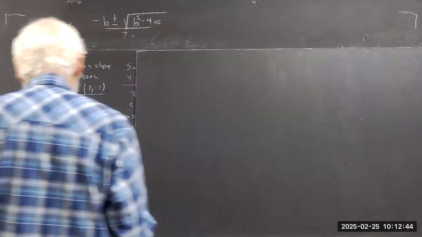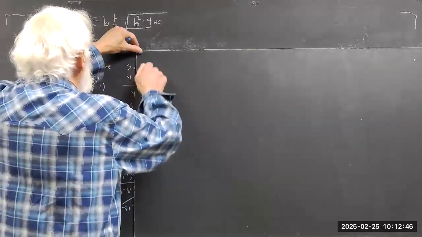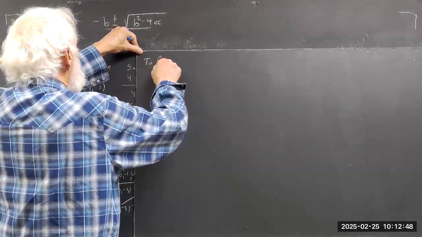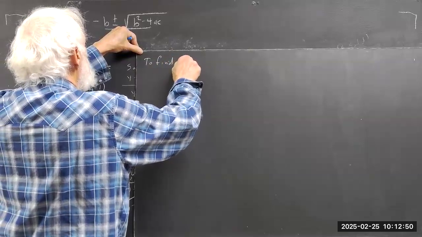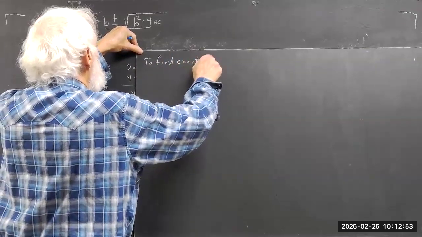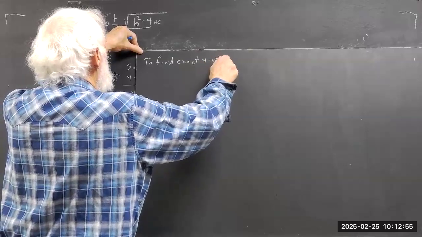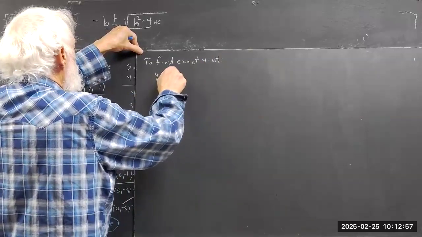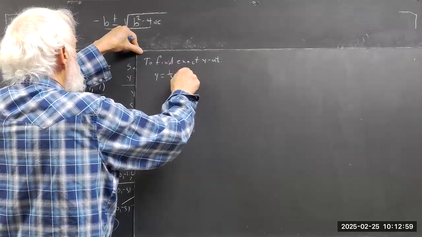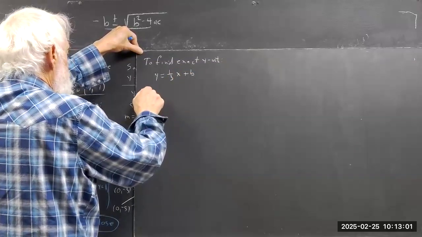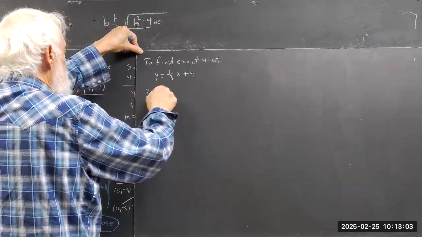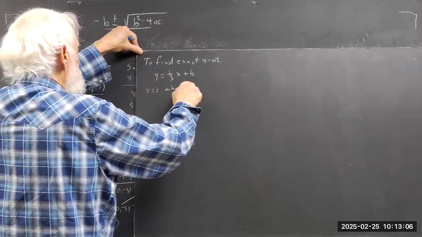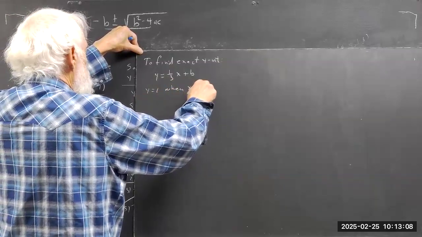So to find the exact y-intercept, we know that y is 1/3 x plus b, and y equals 1 when x equals 7.